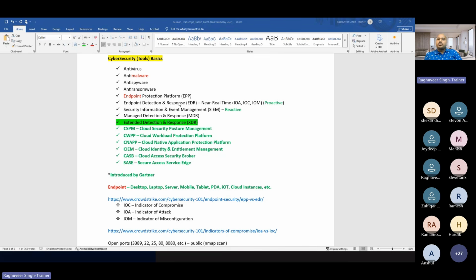You are more of an end user. You can't even configure anything. You can't change the wallpaper. You can't make any configuration changes. So any technology which has very limited usage would not qualify for EDR protection. Technology that has extensively active usage and configuration changes would qualify for an EDR solution. That is why these devices, your smartwatch, your infotainment systems, or ATM machines, are basically using embedded OS.